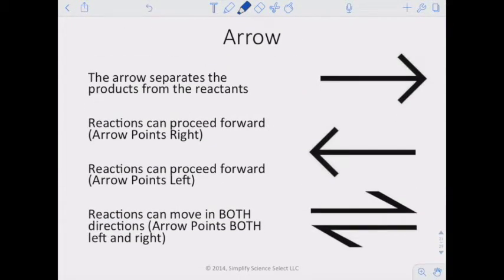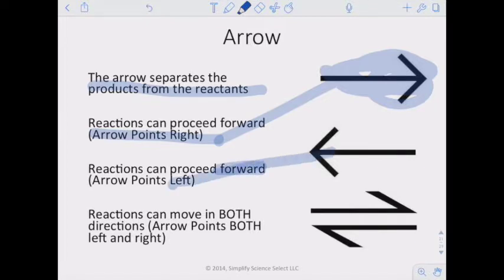Arrows in a chemical reaction. The arrow separates the products and the reactants, and the arrows always point towards the product. And so reactants can proceed forward, and the arrow points to the right. So that arrow right there is a forward reaction, and reactions can proceed backwards, in reverse.